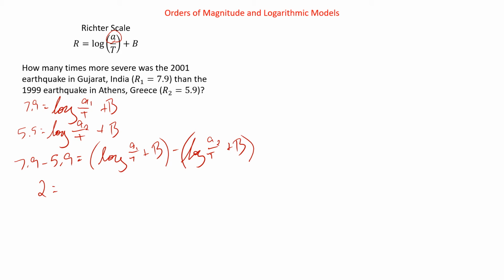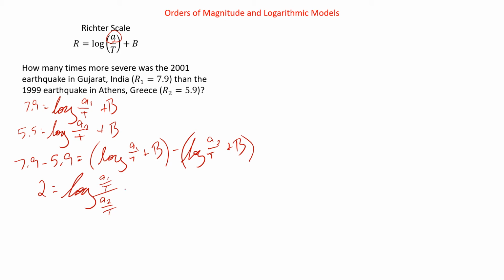That's going to divide, right? When we subtract, that means we divide. So we have log A1 over T divided by A2 over T. Then we have B minus B, that goes away. And then we have this division here.